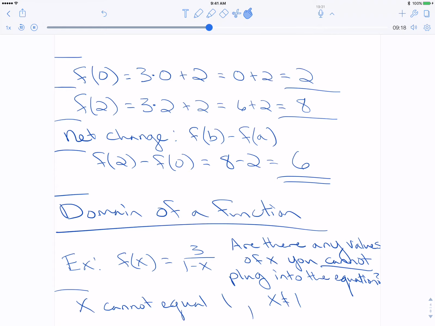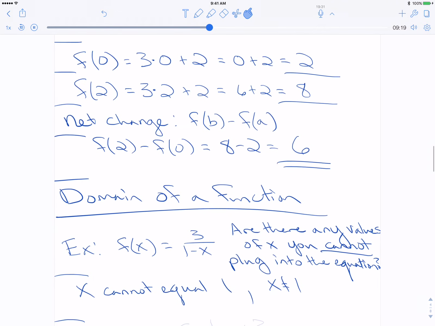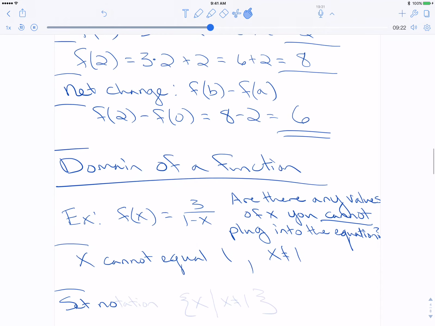The way we write this is in something called set notation. You use the squiggly brackets again. So you're defining values of x. We use this vertical bar to add exclusions. So effectively the x is saying all values of x, but not this one.